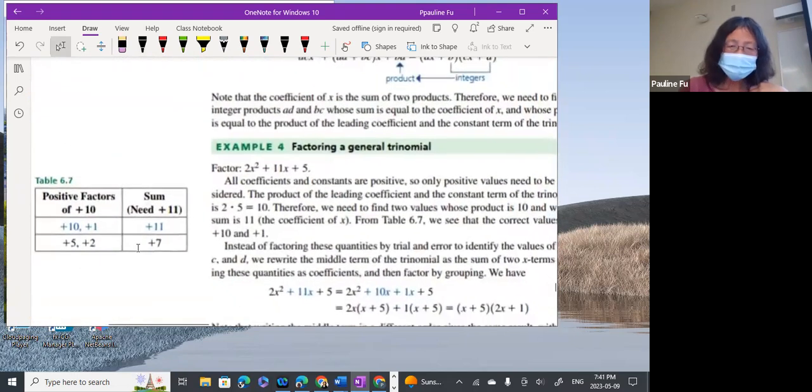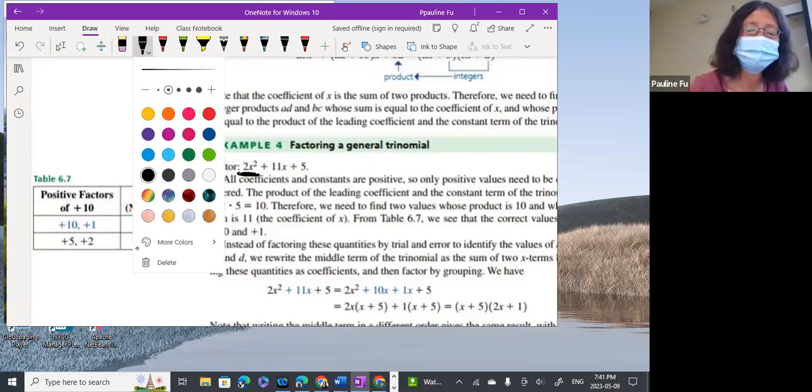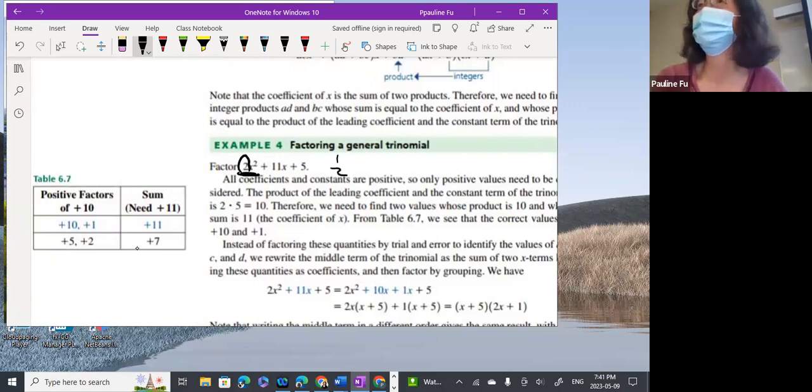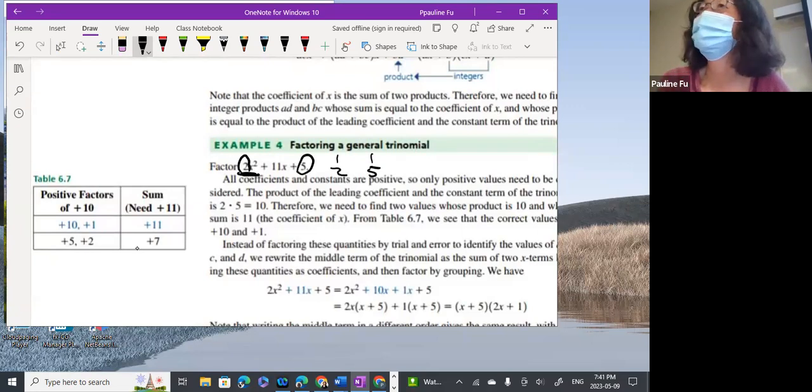How about when the coefficient for x squared is not 1? You use the same principle. So let's factor this. Which 2 numbers times together equal 2? 1 times 2 equals 2, the only way, or 2 times 1. Which 2 numbers times together equal 5? 1 times 5. Okay.